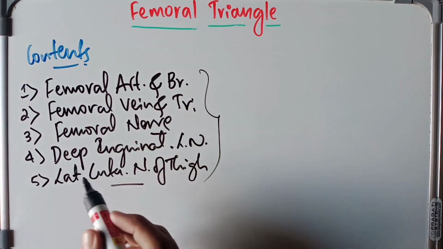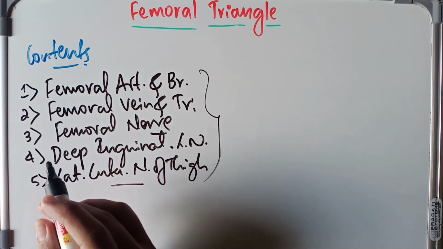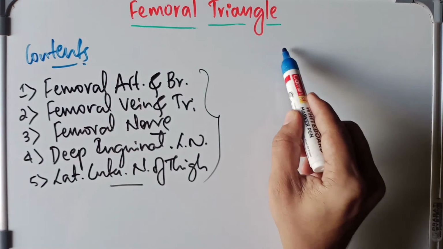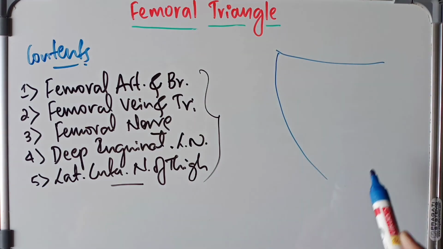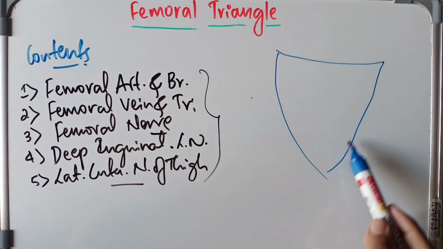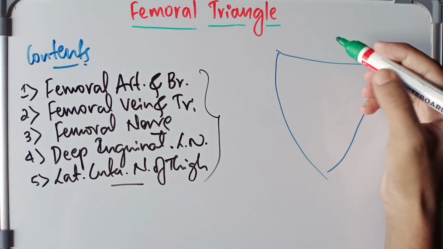In addition to these structures, we also have the femoral branch of the genitofemoral nerve and some fibrofatty tissue as well. When you see the femoral triangle, the inguinal ligament, the medial border of the sartorius, the medial border of the adductor longus, and the apex where both muscles meet, you will find the femoral artery.